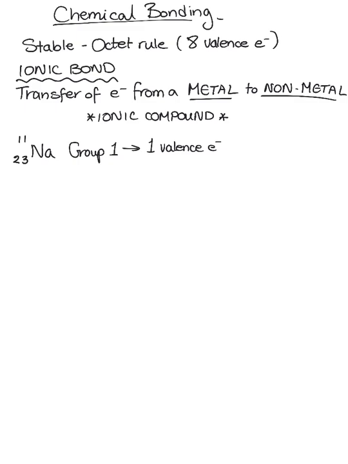So here's sodium sitting pretty, but it has 1 valence electron, and we just said that all elements want 8 valence electrons. So I want you to think of this question energy-wise. What's easier for sodium?